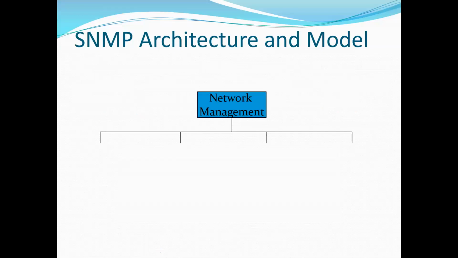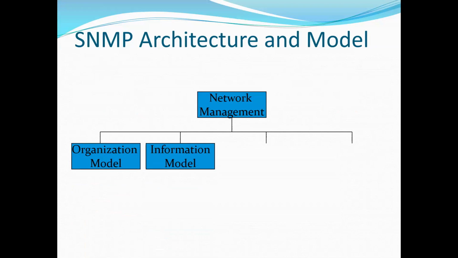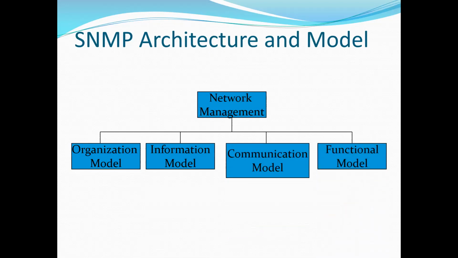So let's think of SNMP from the point of view of the architecture and the model, okay? We can look at it from the point of view of organization, from the point of view of the information that it stores, from the point of view of the communication that is used, and from a functional point of view.